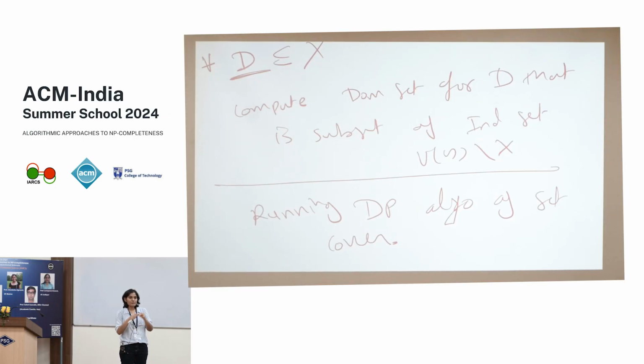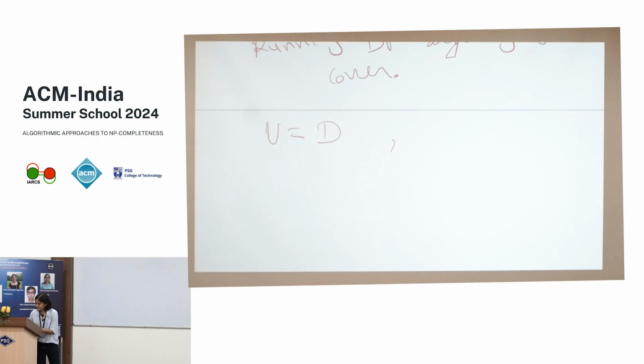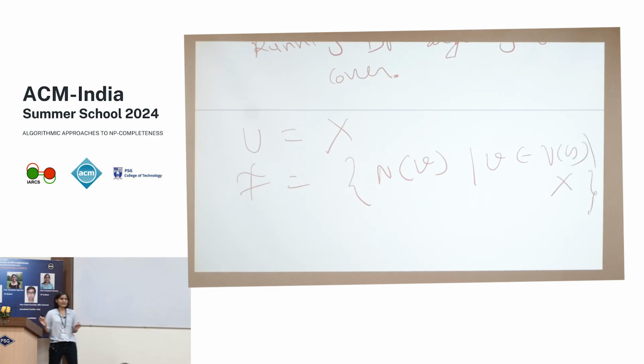So I will take the open neighborhood here. So just like we did in the previous case, I will construct the universe as set X, and my family is the open neighborhood of V such that V belongs to the independent set. Okay, that's what I am doing.